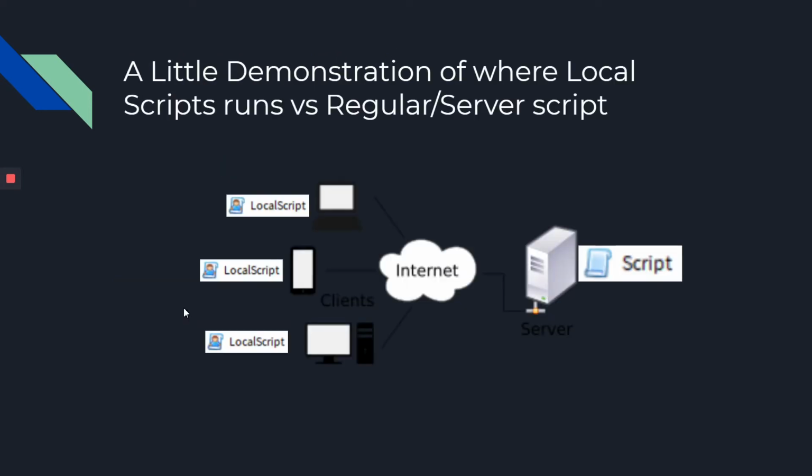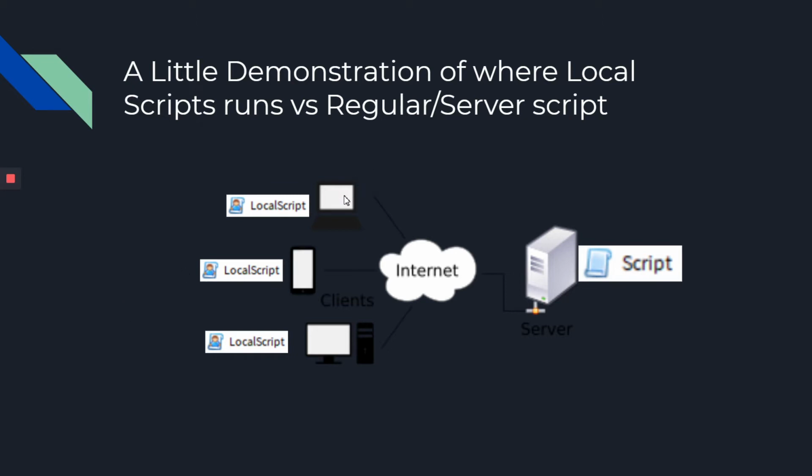So here's a little demonstration of where a local script and a server script are located. A local script runs on a client. What I mean by client is your own device that you're using.